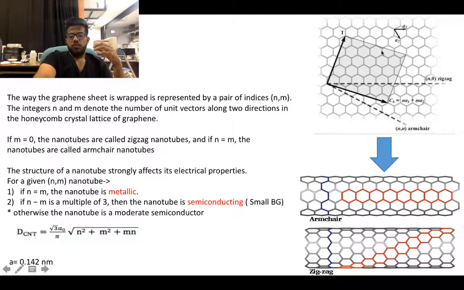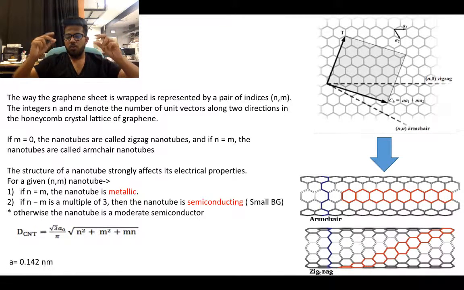If the value of m is 0, as in the vector rotation towards the direction of m is negligible or 0, you end up with something called the zigzag fashion, which you can see here. And if n equals m, where there's an equal amount of rolling, then you end up with something called the armchair configuration.